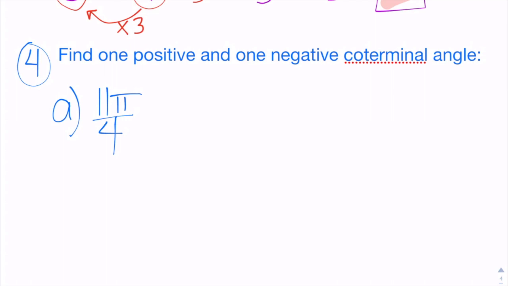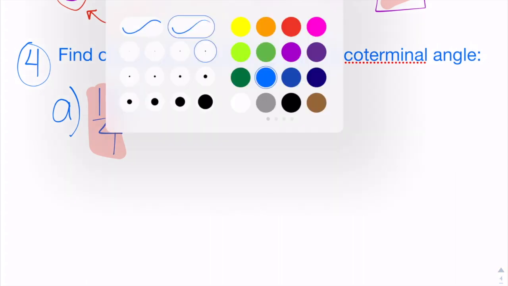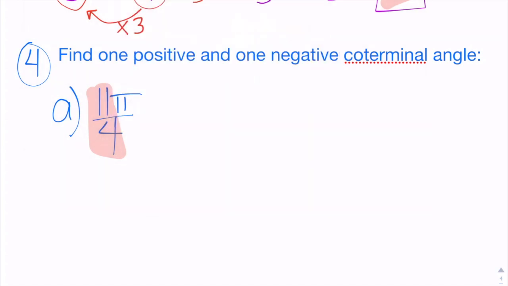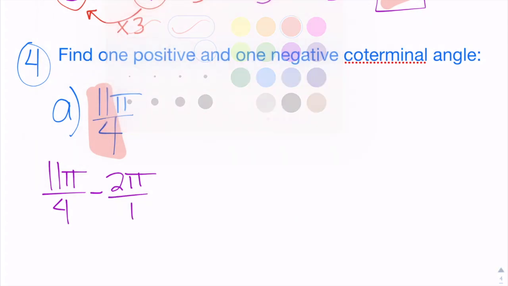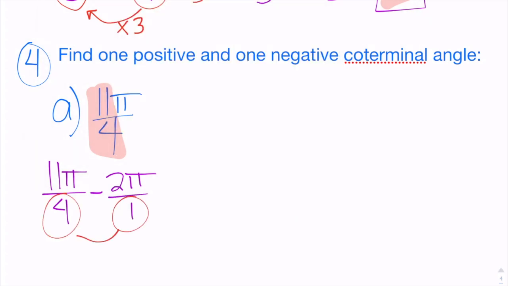So if you think about it, this fraction right here, 11 over 4, is greater than 2, which means 11 pi over 4 is greater than 2 pi. So we could just subtract and still have a positive answer. So in this case, I'm going to just subtract. So I'm going to say 11 pi over 4 minus 2 pi over 1.